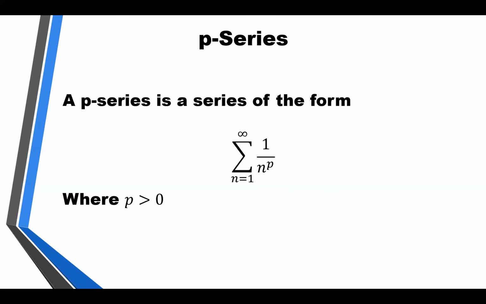So it's a non-zero power. If the power was negative, then 1 over n to a negative power is like n to a positive power, so that would diverge. But a P series is an infinite series where the terms are given by 1 over n to the p power.